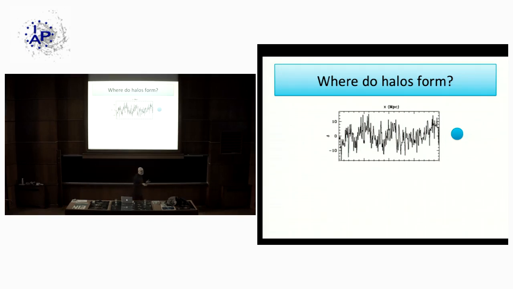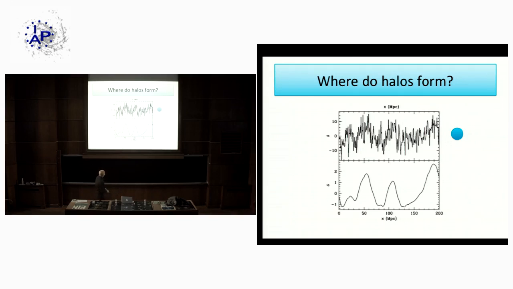That was one of the most obvious problems to tackle in the early times of the CDM formalism. And what people came up with is the following idea. If I'm interested in halos that have this mass, they correspond to a particular length scale in the initial conditions, so I could try to smooth this random field on this scale, and you would obtain something like that.